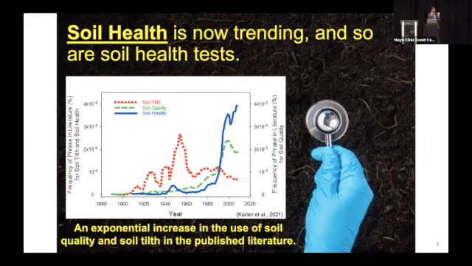There is a thing called Ngram Viewer, and you can check these different names. Sometimes I have fun with that, like Shakespeare, or some other big famous people. You can see how many times their names have been used. If you look at this green line, that is your soil health. That's the term. And you can see that in the last few years, it has been increasing exponentially.